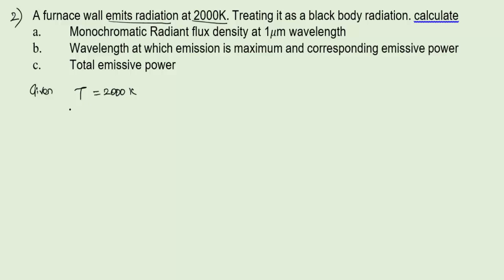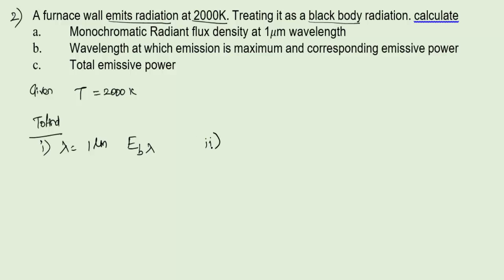Calculate, number 1, the monochromatic radiant flux density at 1 micron wavelength. So lambda equal to 1 μm. Monochromatic flux density is nothing but E lambda. Here you are asked to assume a black body, so EB lambda, first subdivision.